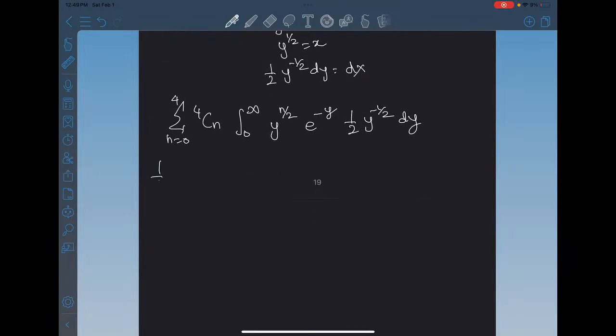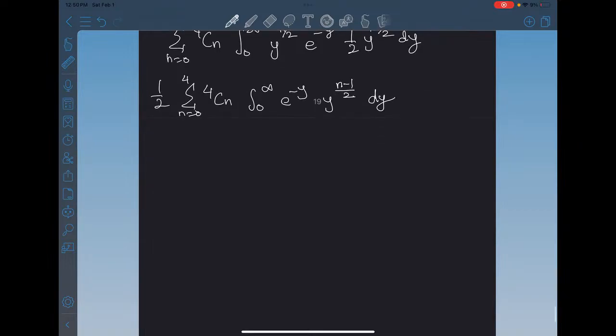Now I can take half outside. Sum from n equals 0 to 4, 4Cn integral from 0 to infinity, e to the power minus y, y to the power (n minus 1) by 2 dy, right?